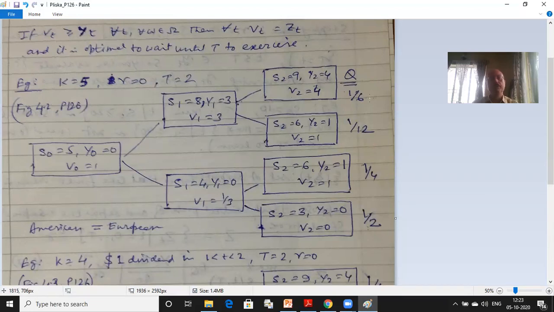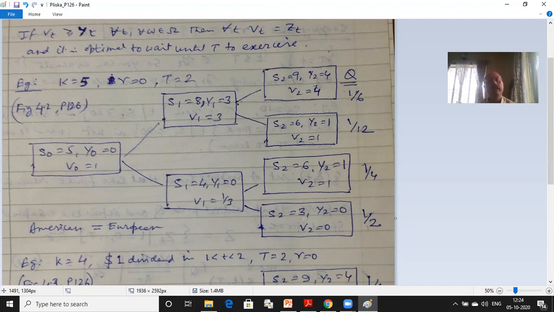Okay. So the stock price process evolves in the following way. We start with S0 equal to 5 at time 0. Then at time 1, it can either go up to 8 or go down to 4. From 8, if I have already taken one up step, I can go further up to 9, or I can come down to 6. And if I have come down in the first step to 4, then I can go back to 6, or I can go further down to 3.